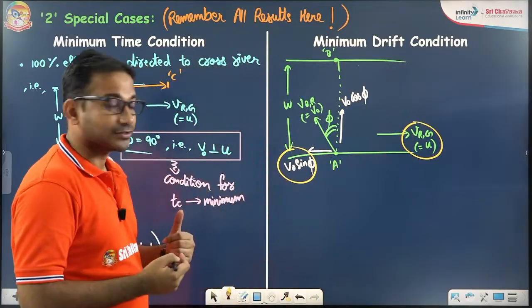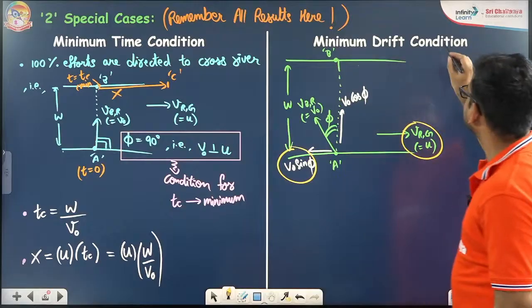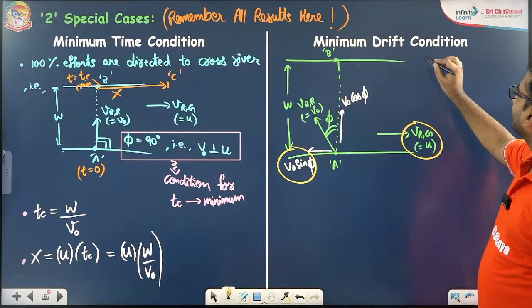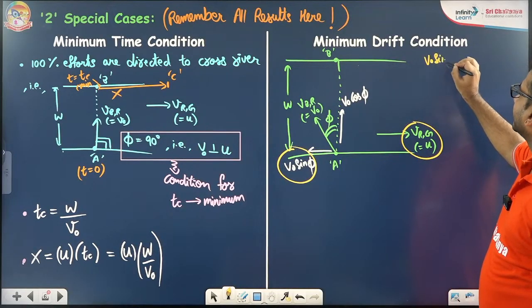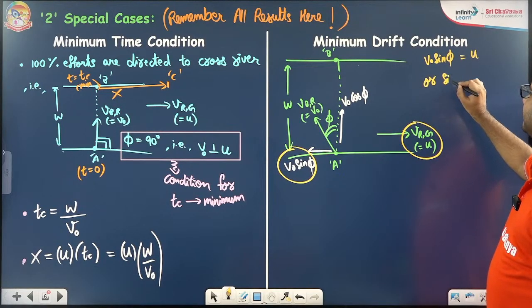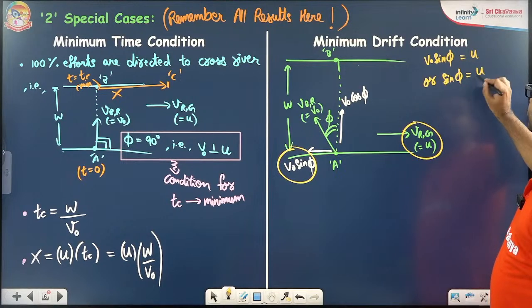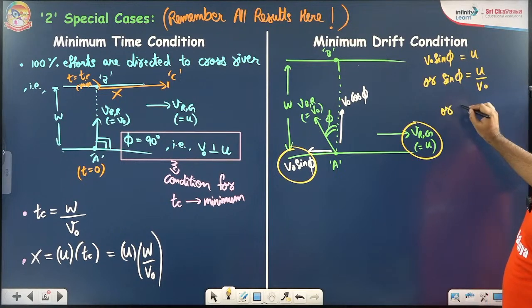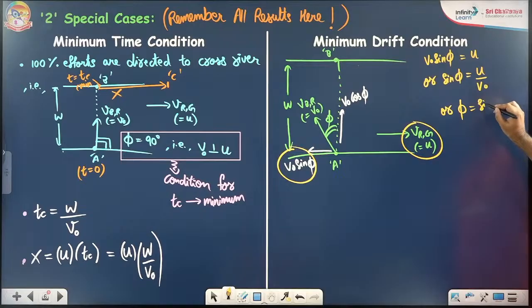So the condition is that V naught sin phi must be equal to u, or sin phi will be equal to u by V naught, or phi will be equal to sin inverse u by V naught.